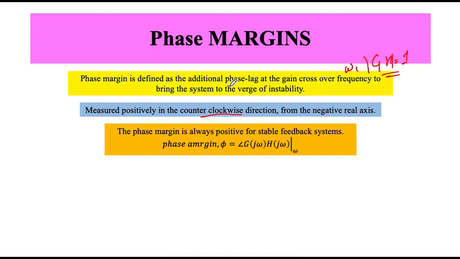So if I formally write down phi, it is the angle of GH at omega equal to omega 1 plus 180 degrees, and this is the phase margin.